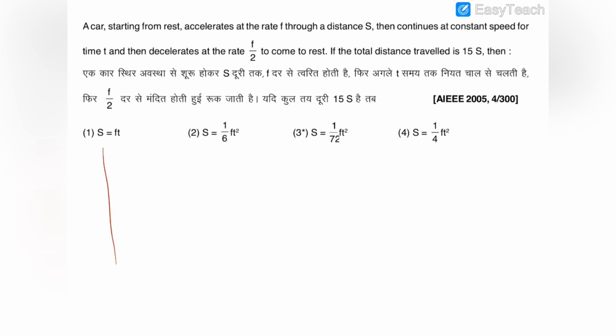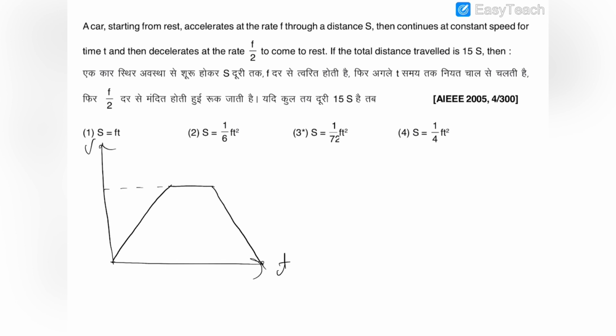To solve this problem easily and quickly, we can draw its velocity time graph, and we can see that its VT graph would be like that, because it accelerated and then it moved with the constant velocity and then it retarded to 0.